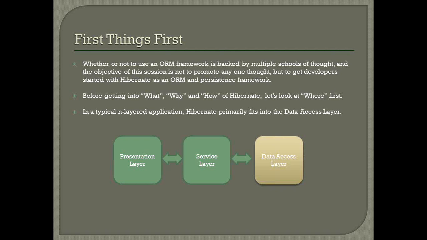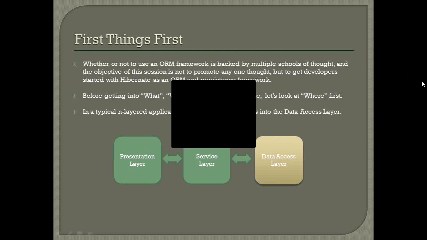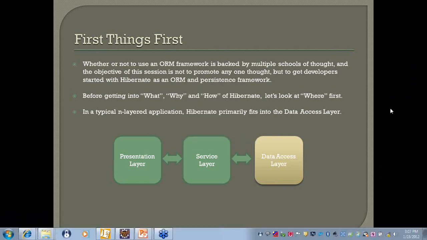So if you have a typical 3-tiered or n-tiered, n-layered application, you generally have a presentation layer with all the GUI stuff, your JavaScript libraries, your MVC frameworks, etc. You would have a service layer which would have your business logic, validations, etc. And you would have a data access layer where you put in code which accesses your data.